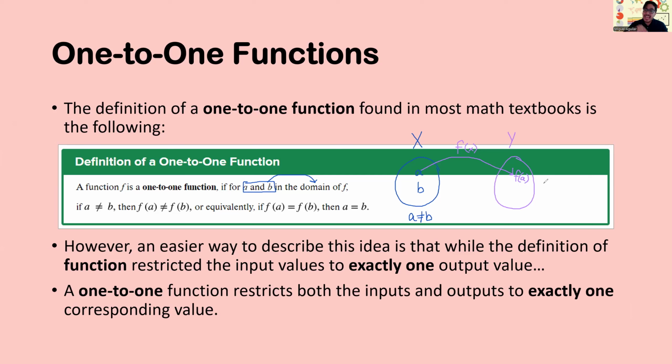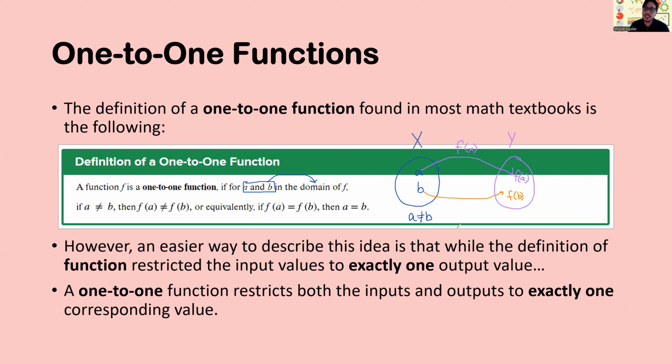So if I plug a into the function, I would get f of a, whatever that happens to be. Doesn't really matter what that is, okay? And if I plug in the number b, which is a different number, into the function, then I would get a different y value once I calculate or evaluate what f of b is.